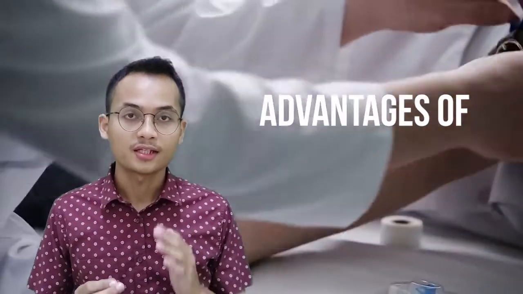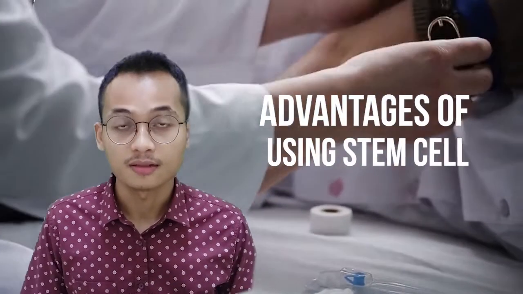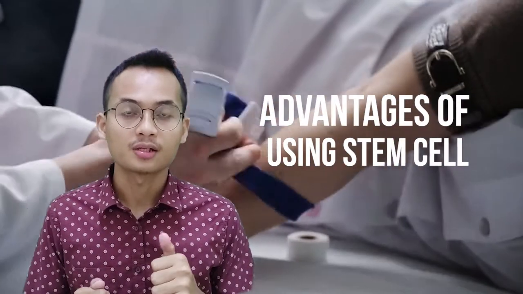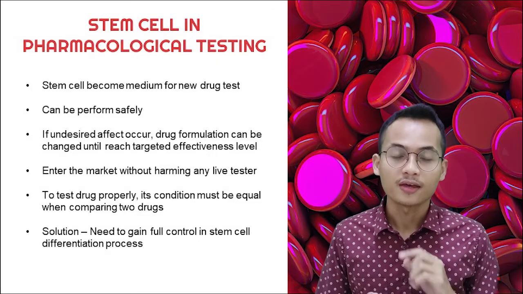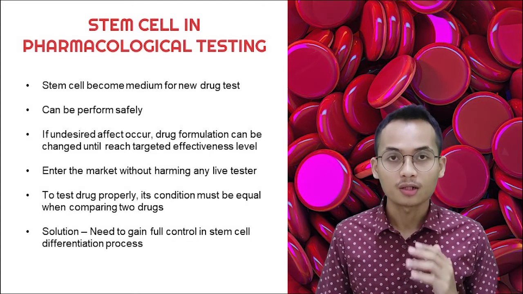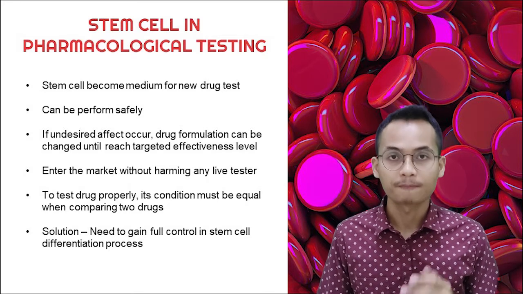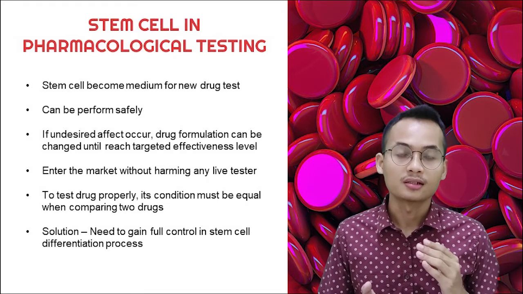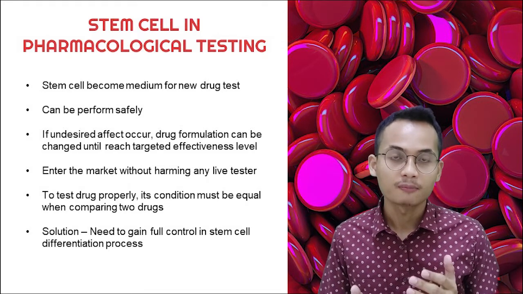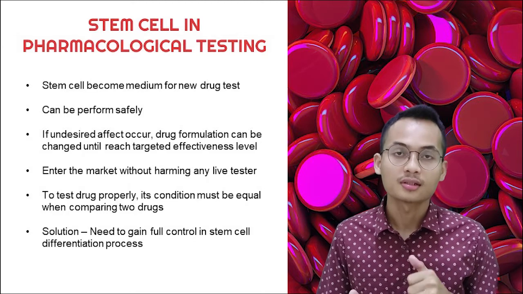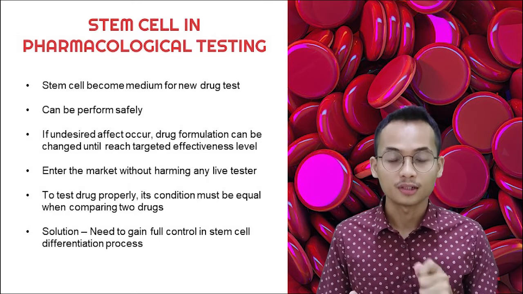One of the advantages of using stem cells in pharmacological testing is that if any undesired effect occurs, the drug formulation can be changed directly so that the drug will develop effective results when tested in the human body.